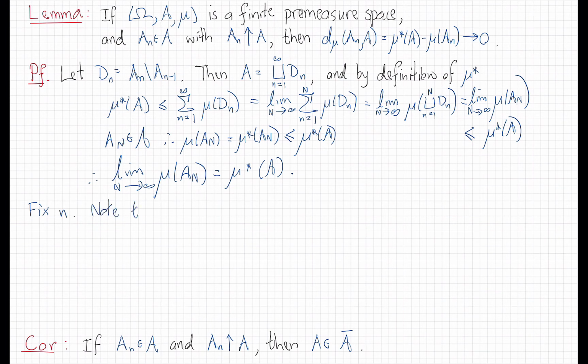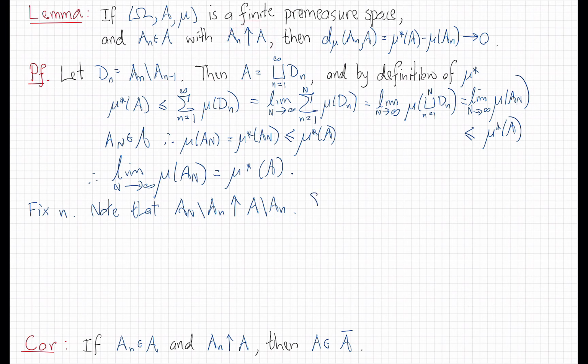And note that A capital N with A little n removed increases to A with little an removed. That follows simply from this fact here.